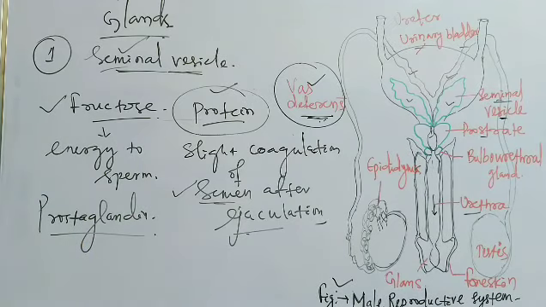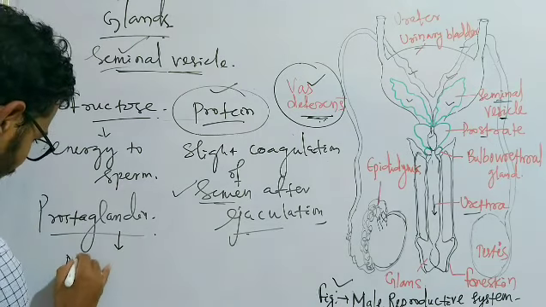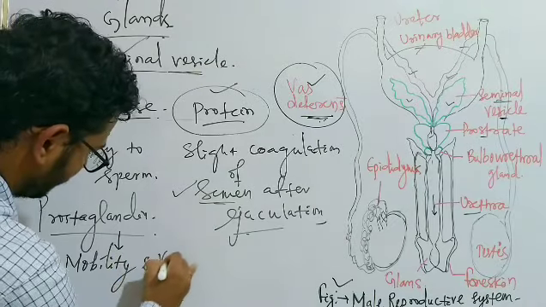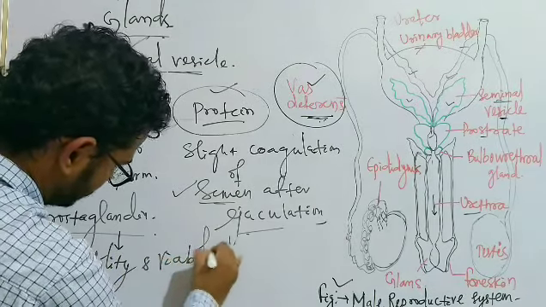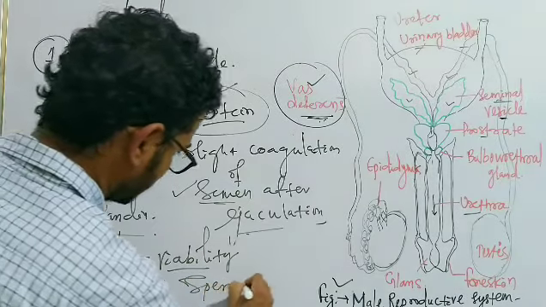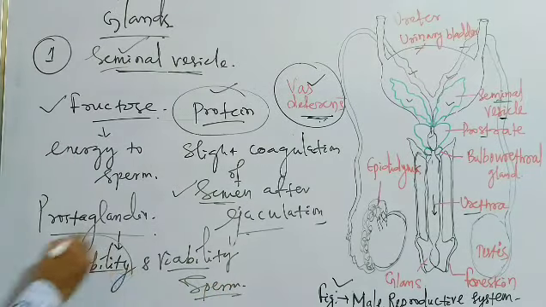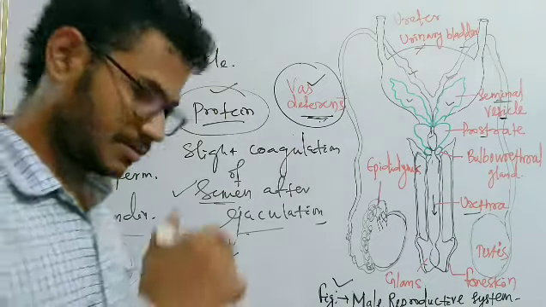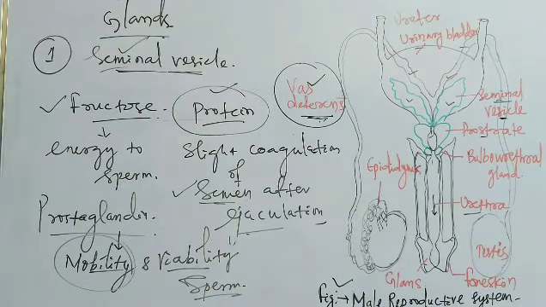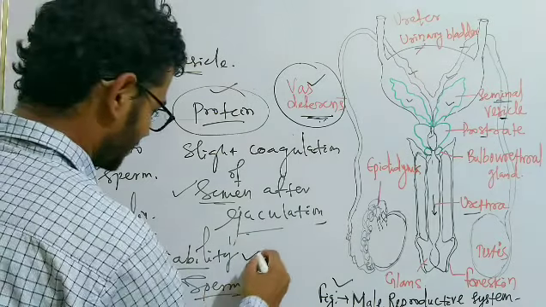Prostaglandin is very important in that it contributes to the motility and viability of sperm. It provides motility to the sperm and makes it viable.